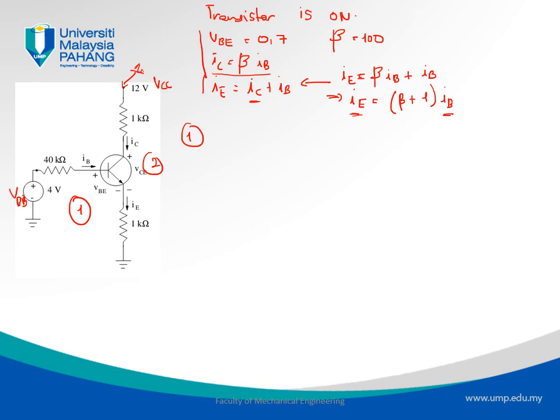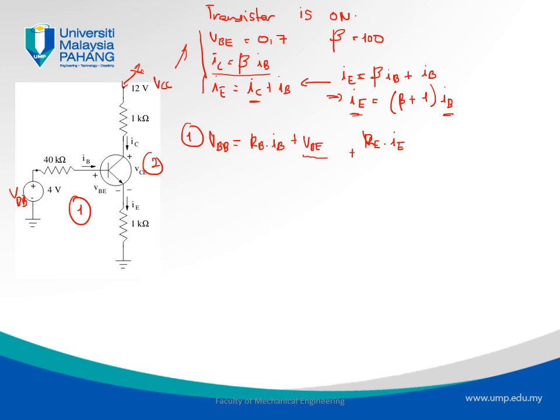The first KVL was VBB equals VRB, which is RB multiplied by IB, plus VBE, and then plus VRE, which is RE multiplied by IE. So the first remark that you can see is that we now apply the characteristics that we've seen here, because the transistor is on.